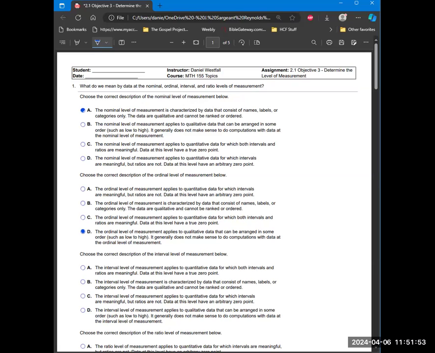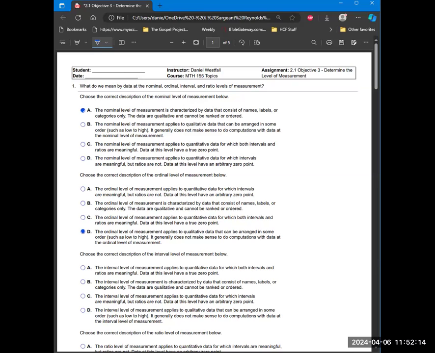Choose the correct description of the interval level of measurement. The interval level of measurement applies to quantitative data for which intervals, meaning that you can do subtraction, are meaningful, but ratios, meaning division, are not.